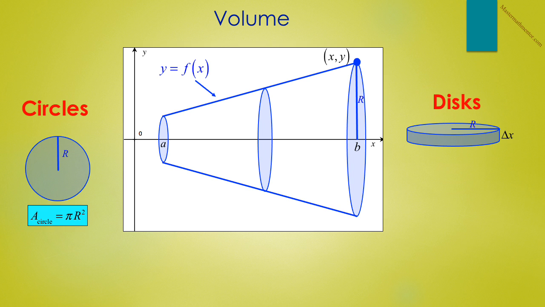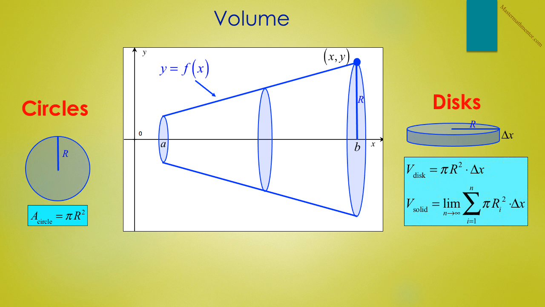We call the shape a disk. The disk in reality is a very thin cylinder whose thickness is delta x. So the volume of our disk is pi r squared times delta x.